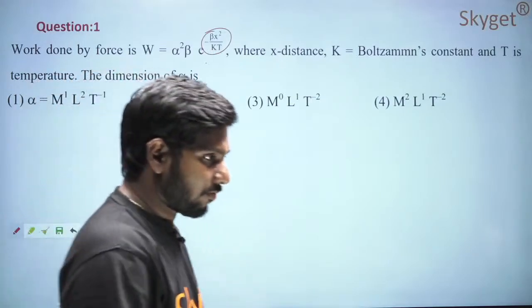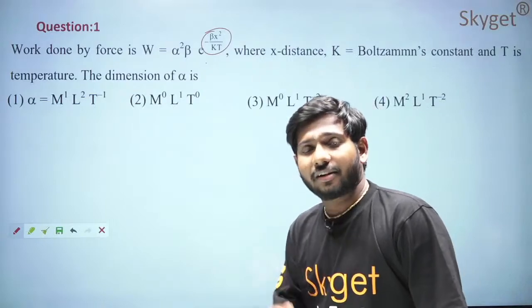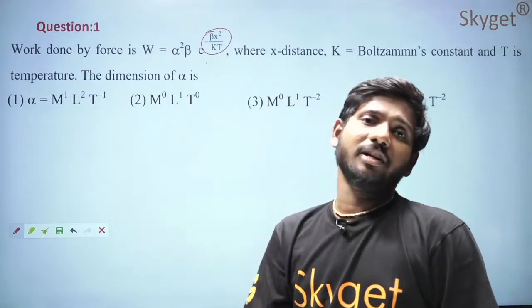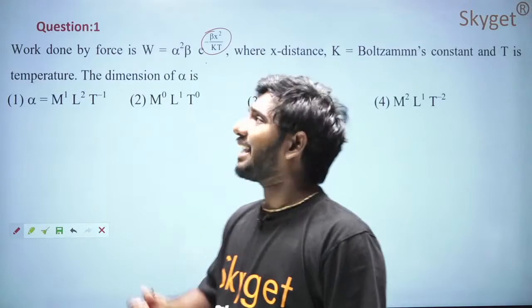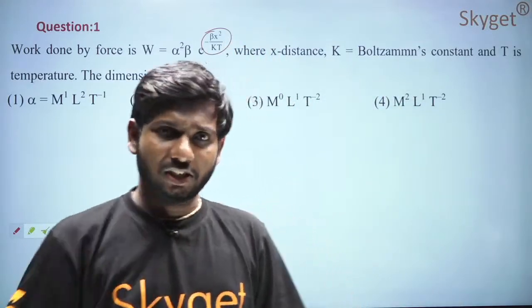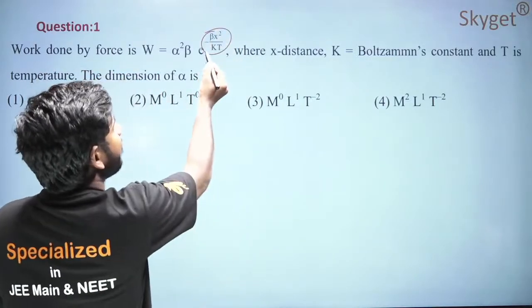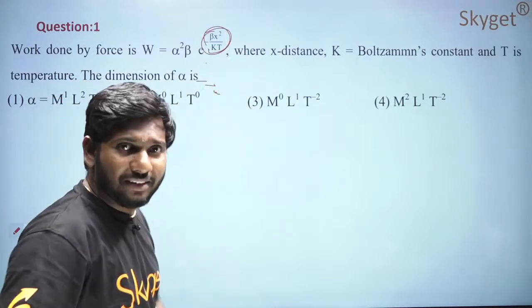These kinds of questions we have discussed, or you might have known. You need to understand the fundamental point that trigonometrical ratios and exponential functions will not have any dimensions. So the exponential part will not have any dimensions.